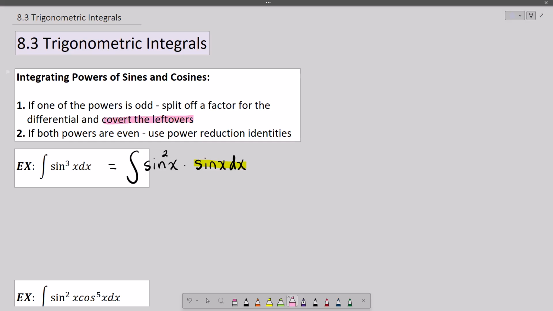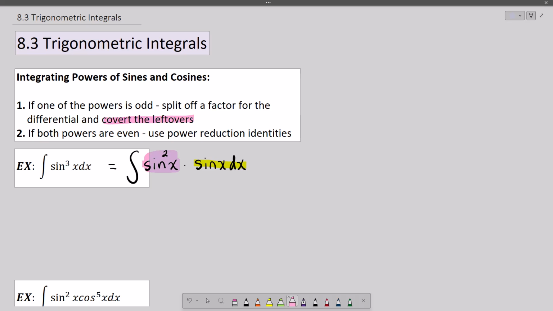So we need to convert these leftovers. So these are the ones I'm referring to as leftovers. So we start with 3 factors, we pull one off for the differential, and then we're going to convert whatever was left. And by convert, I mean convert to the co-function. If we have sines, we convert them to cosines.